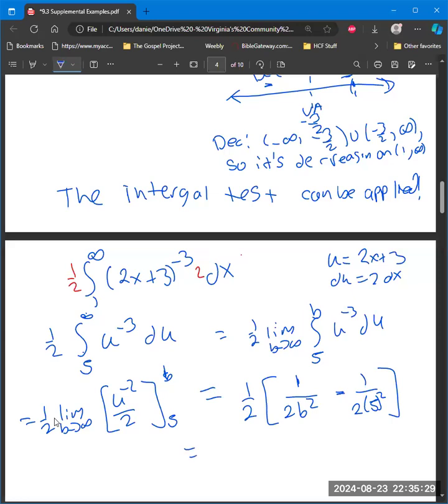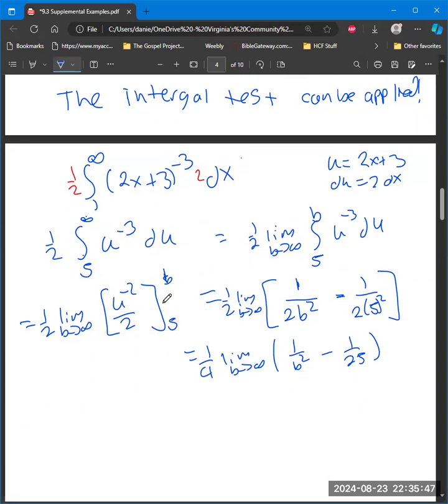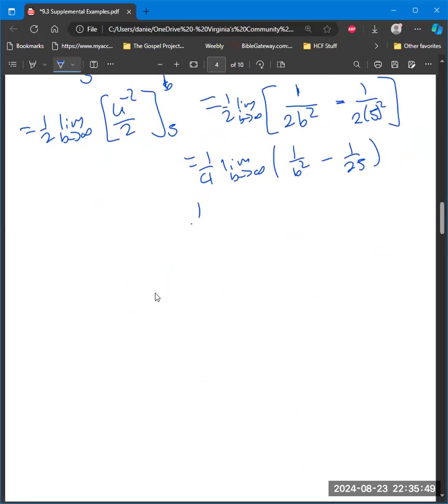That 1 over 2 can come out as a 1/4 of the limit as b goes to infinity of 1 over b squared minus 1 over 25, which is 1/4 of 0 minus 1 over 25.